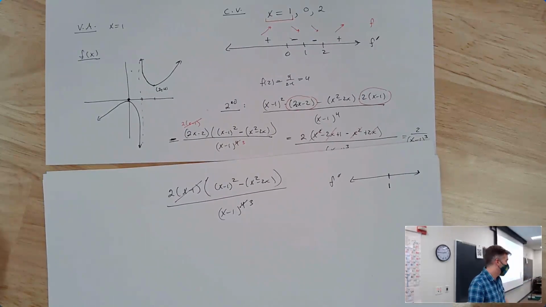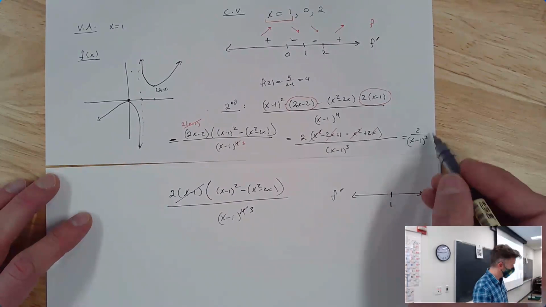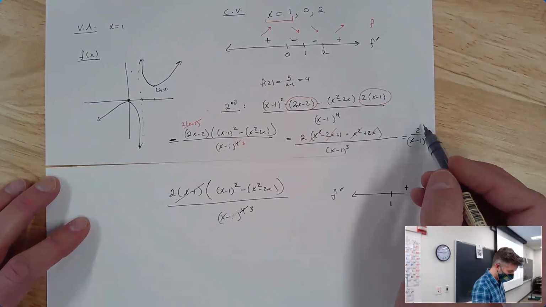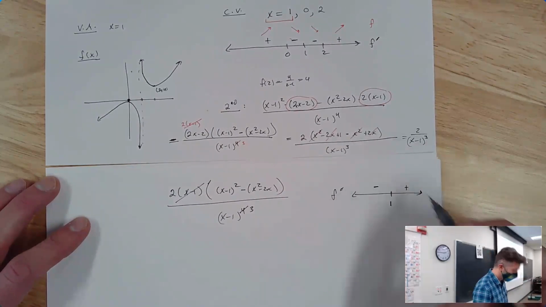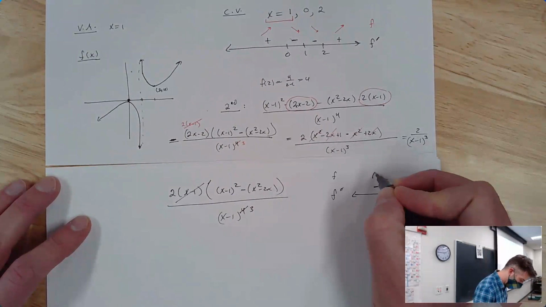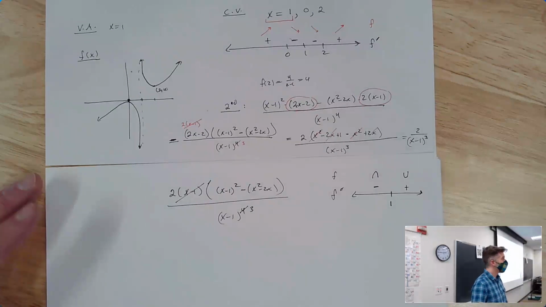But it's still a place where the concavity does change, right? If you pick something larger than 1, this expression is definitely positive. Pick something less than 1, this expression is definitely negative. Which means our function is concave down over here, concave up over here. But we don't have an inflection point because the function is undefined at 1.